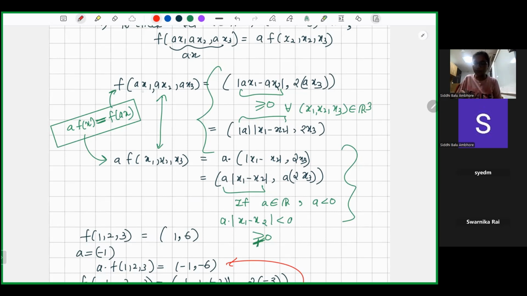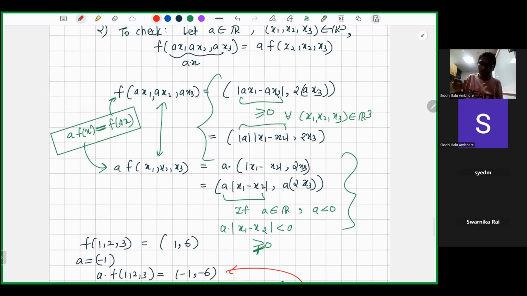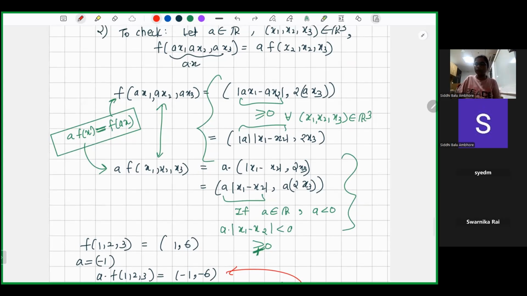When I'm taking f of ax1, ax2, ax3, the way f is defined, this first coordinate will always be greater than or equal to 0, if you see. Because the first one is what? It is modulus of some number. Modulus will always be non-negative.